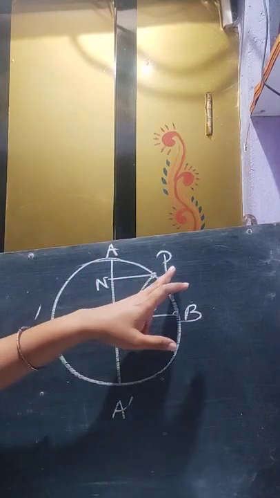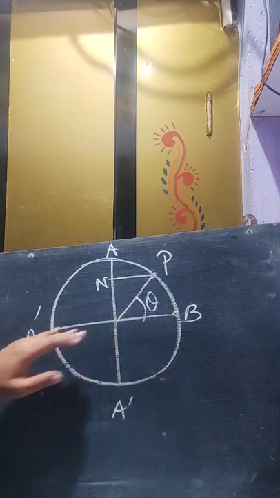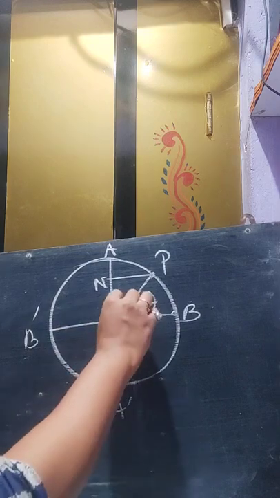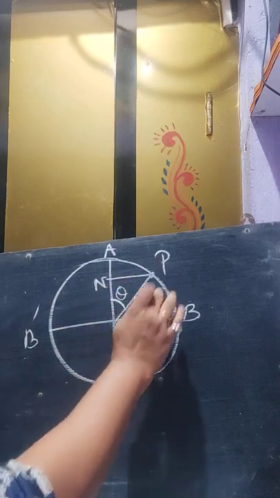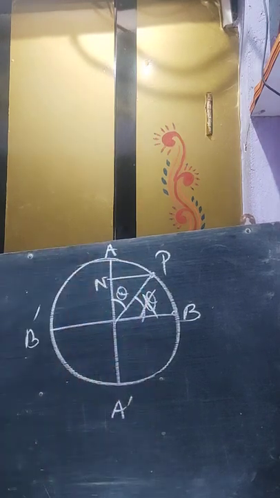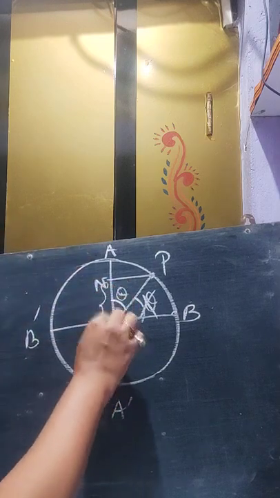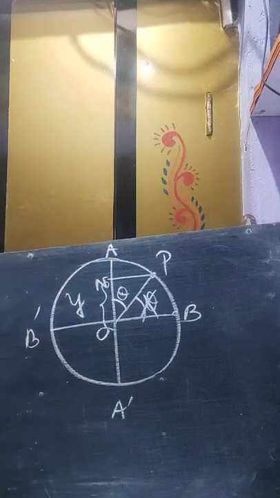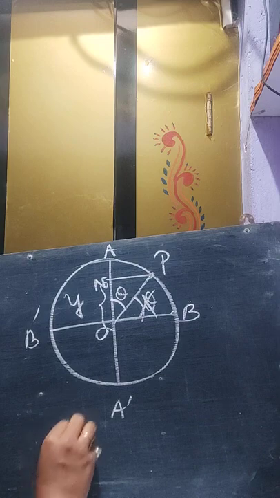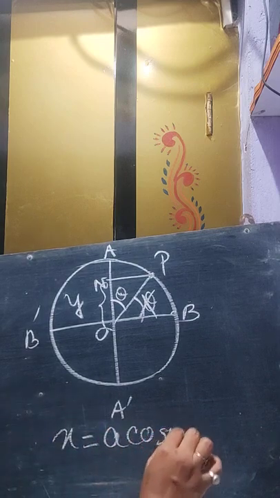So, if we consider this P, instead of doing this, if I consider the theta here, then the term ON, that is y, becomes cos, right? So, therefore, we can write x equals A cos omega t.